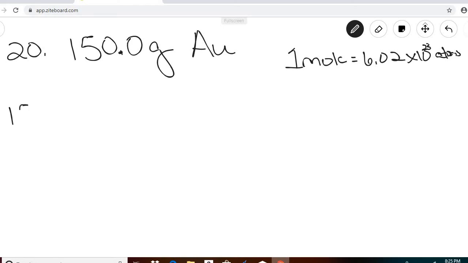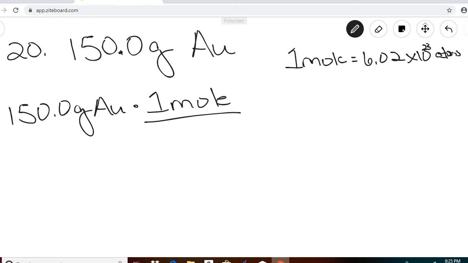So 150.0 grams of gold. And if you look on the periodic chart, you will see that for gold, 1 mole is equal to 196.97 grams. So grams are going to cancel.